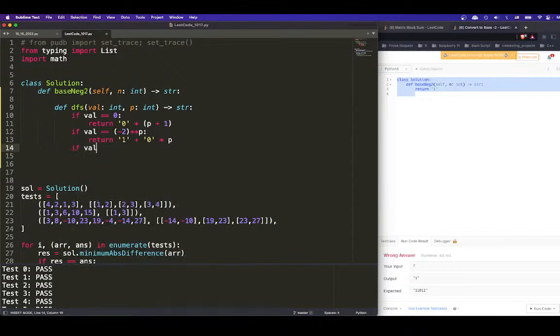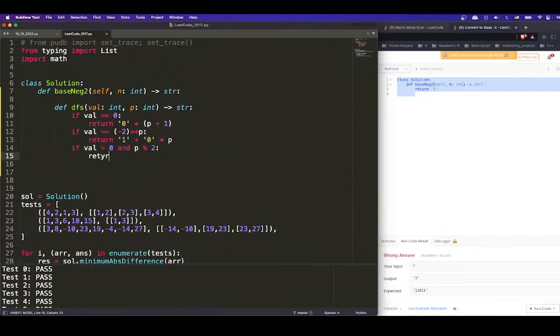And if value is a positive value and P is an even number, then we return, has to be 0, because I cannot take anything, plus DFS, same value, then P minus 1.